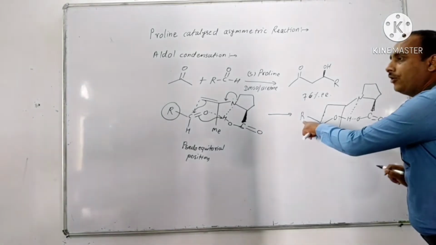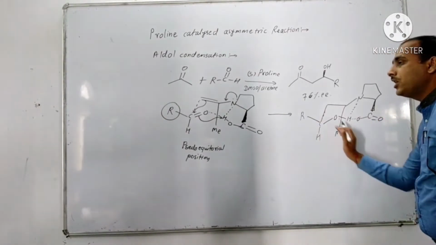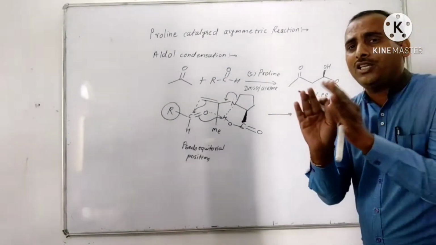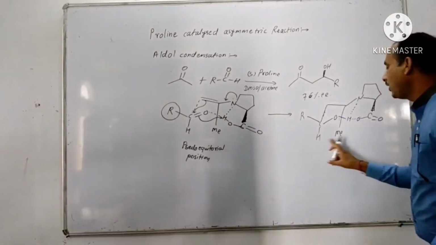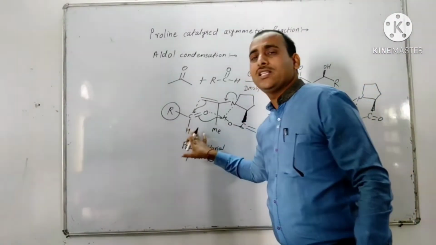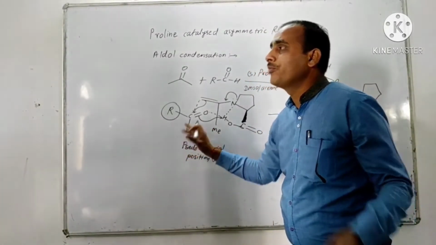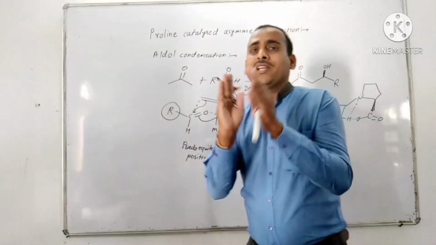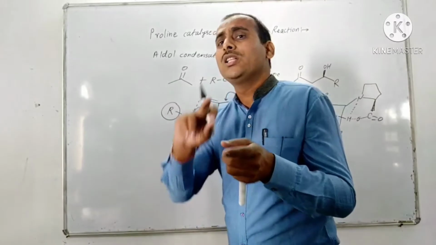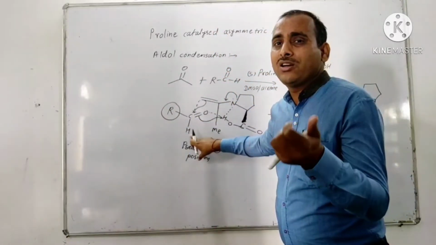Now, if this R group is present at the axial position, then there is a 1,3-diaxial interaction. That means there is crowding or steric hindrance due to the 1,3-diaxial interaction between this methyl and the R group, and therefore this intermediate with R at the axial position is not favored.